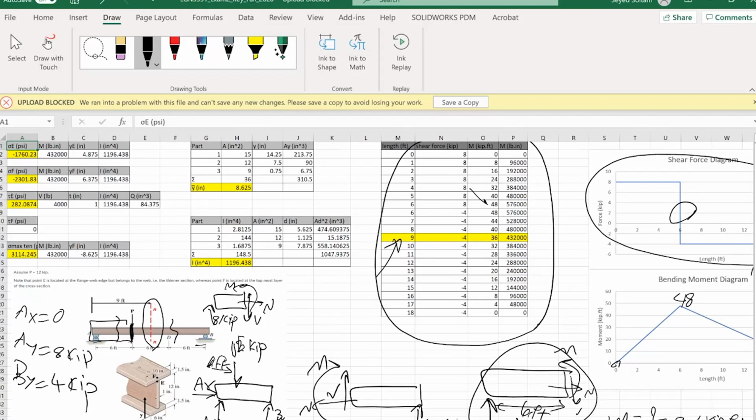So for example, 9, we're here, and this has been marked up. So your bending moment is 36, whereas your shear force is negative 4,000 pounds or negative 4 KIP. So these are those values that we need to use for the rest of our calculations.